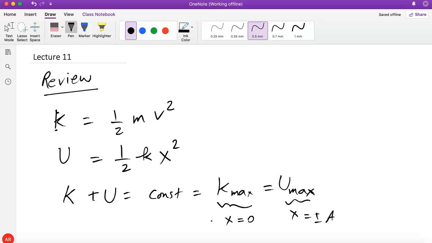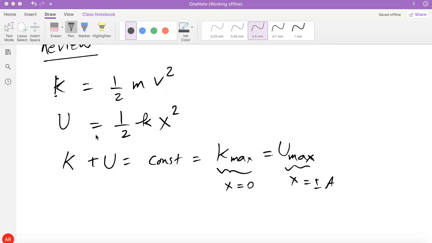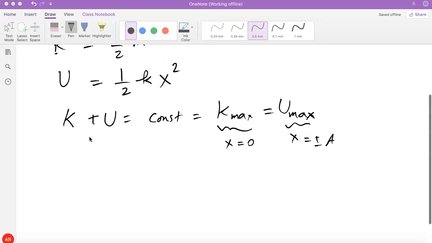So when x is equal to 0, velocity is maximum. And when x is equal to plus or minus A, at the turning points, the velocity is 0.